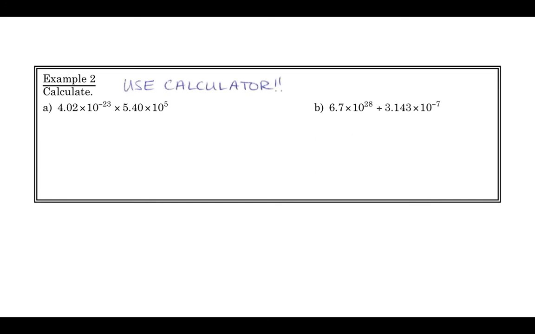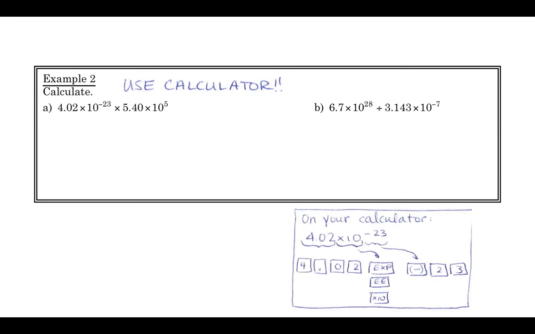So we are going to use a calculator to multiply these. We don't have to, but we're going to, because really we're about saving time. When we multiply these two numbers, first of all, we have to enter this number on our calculator, and we're going to have time in class to go over this.